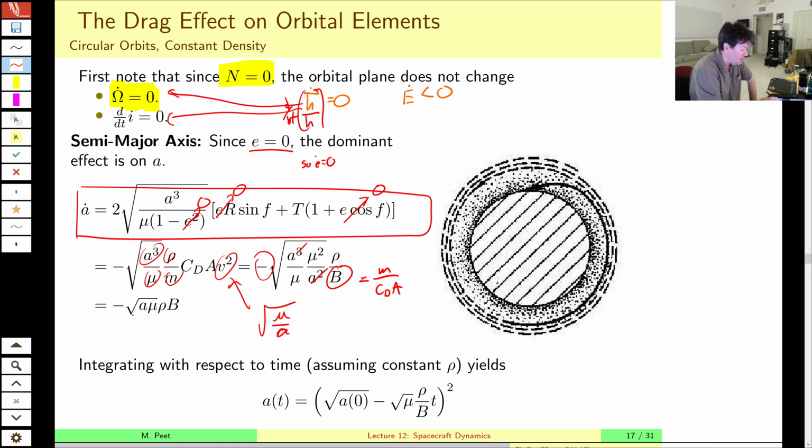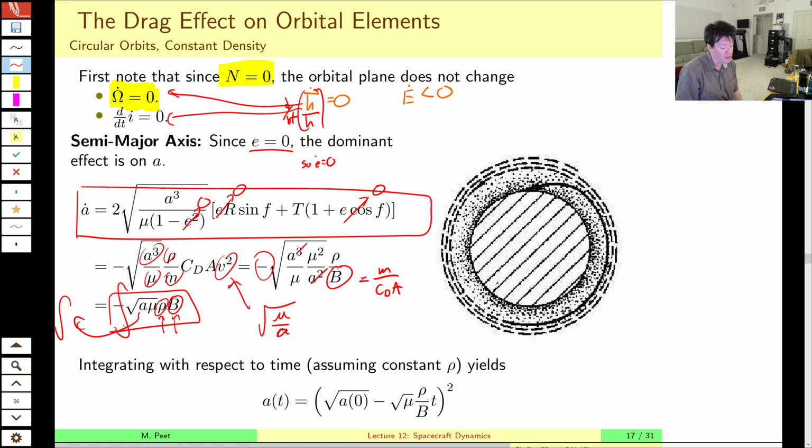That cancels that, so the instantaneous rate of change of our semi-major axis is equal to basically the size of it, and the most important factors are these two things: the density of the atmosphere, which is going to be proportional to how high up we are, and the ballistic coefficient. So if we move A to the other side, we integrate both sides.